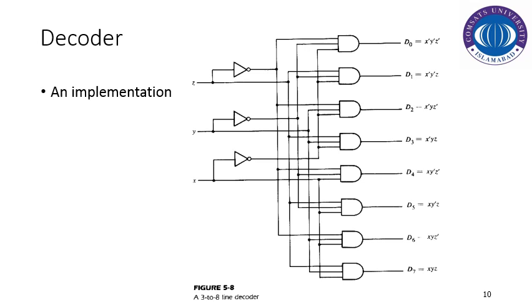We've got a code of 3 inputs, so the total number of combinations is 2 raised to power 3, equals 8. So this circuit now has the capability to convert the binary code of 3 bits into octal codes, where D0, D1, D2 till D7 represent octal digits, and that can be implemented by using a 3 to 8 line decoder.